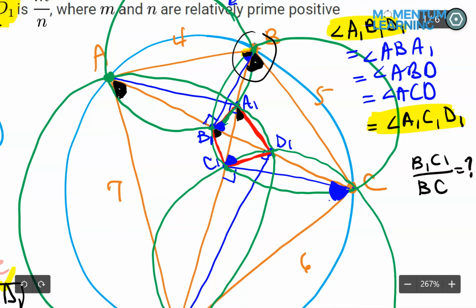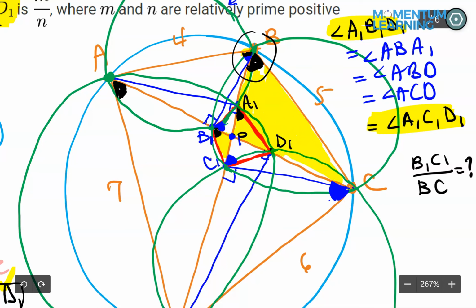So check this out. You just realize that the diagonals intersect. Let's say that the diagonals intersect at that point P. So this yellow triangle B1, PC1, because we have a cyclic quadrilateral, clearly is similar to this yellow triangle. Do you guys agree?